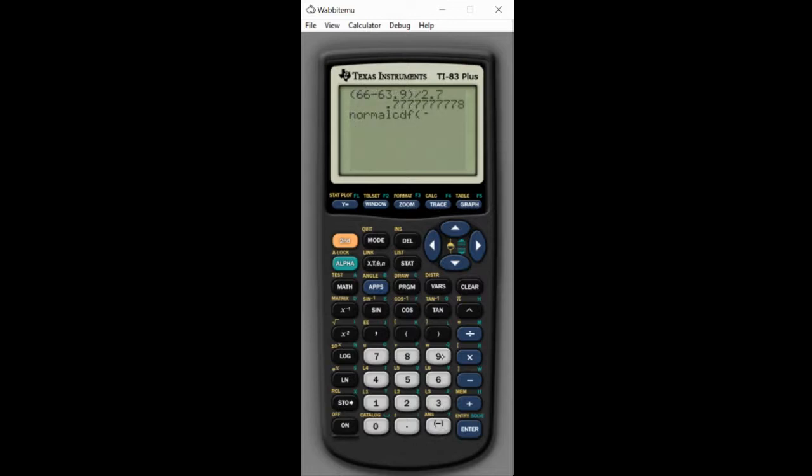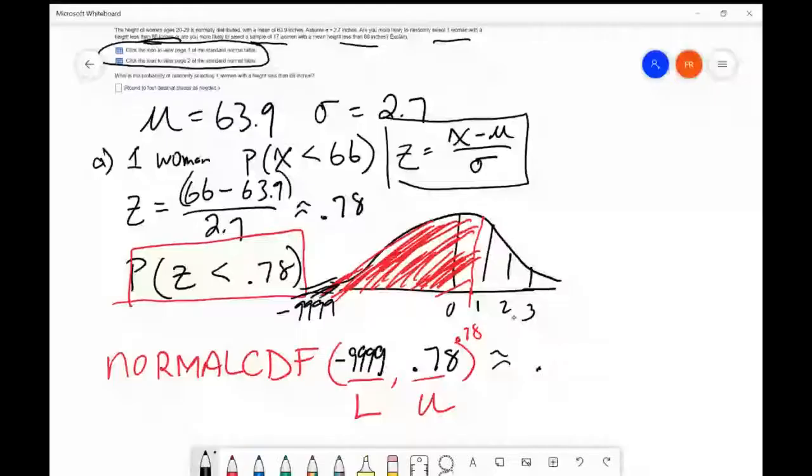And we had negative 9999, comma, 0.78, right? Close off my parentheses, and I'm going to hit enter. And so I'm coming up with 0.7823. So I will come back to my notes, and we're coming up with 0.7823.